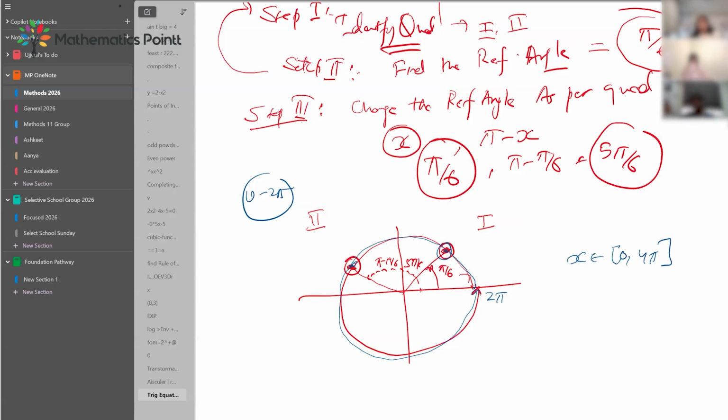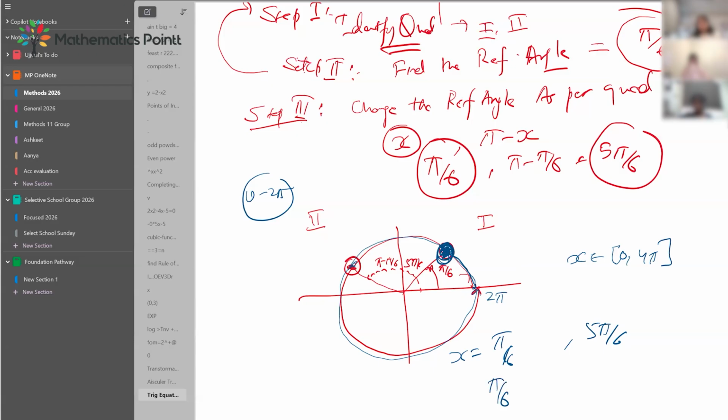So I start from this point again. And hang on, I reached the same spot again. How much have I rotated from this point to arrive back at the same point? One full circle, 2 pi. While my initial solutions were pi by 6 and 5 pi by 6, that was my first rotation. In the second rotation, I again landed at the same spot in the same quadrant.